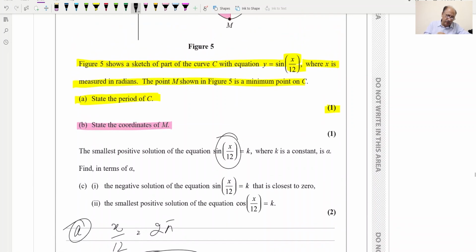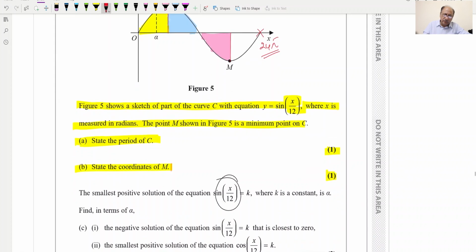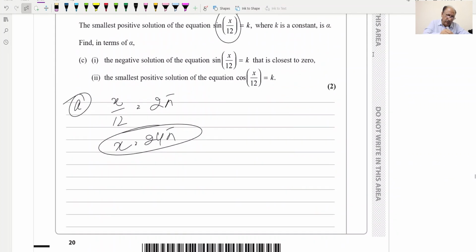And part B is saying state the coordinates of M, and this is also 1 mark. For M, we know that M is 3 by 4th of the period, which is not 2 pi but 24 pi, what we just calculated. So 3 by 4th of 24 pi, 4 sixes are 24, will be equal to 18 pi.